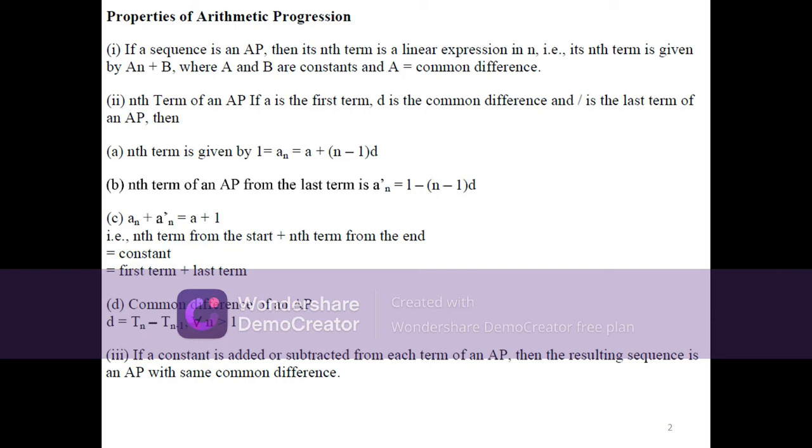The common difference of an arithmetic progression is d, which is the difference between the nth term and n minus 1th term. If a constant is added or subtracted from each term of an arithmetic progression, then the resulting sequence is an arithmetic progression with the same common difference.